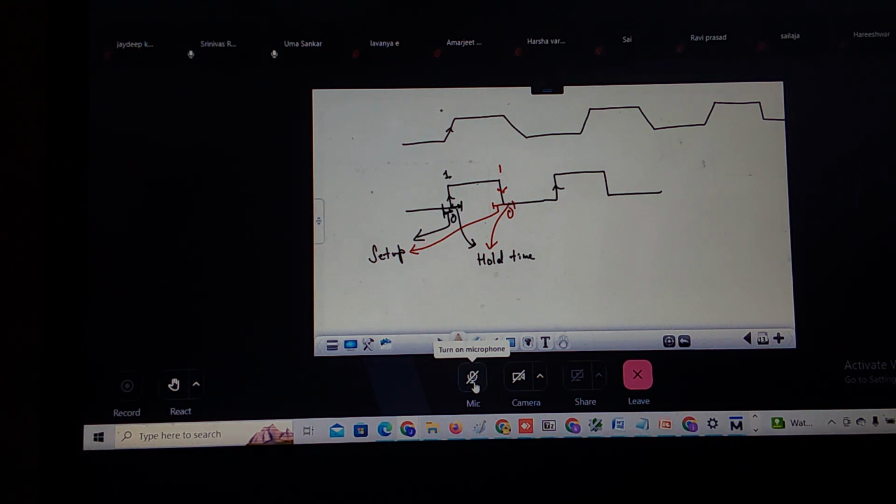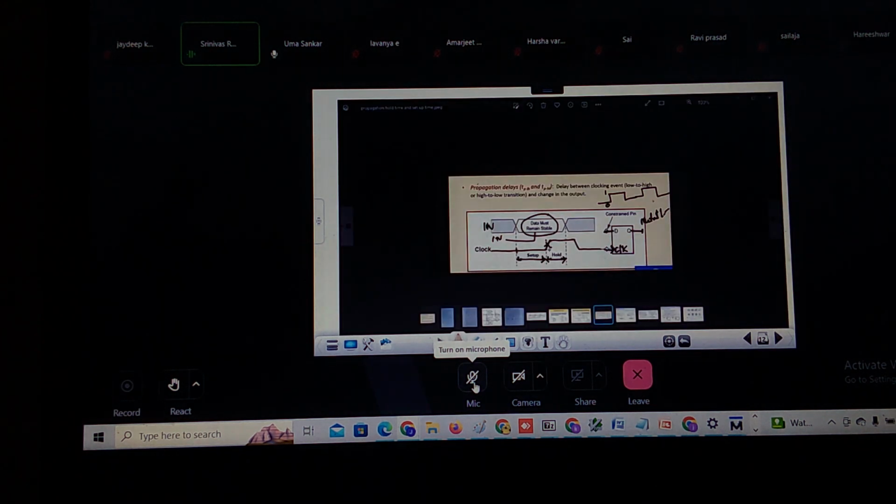Here also, before the transition, this time period is nothing but the setup time, and after the transition happens, this minimum time period we call the hold time. That is what I was representing. You can see, we should maintain a stable input.